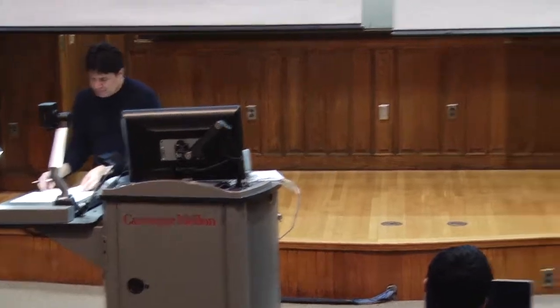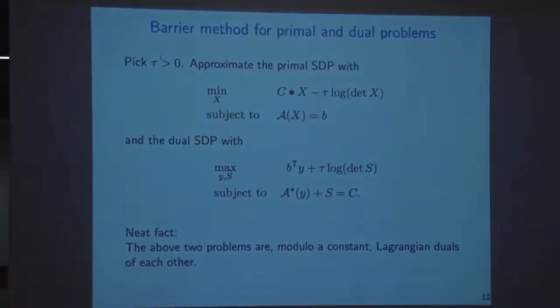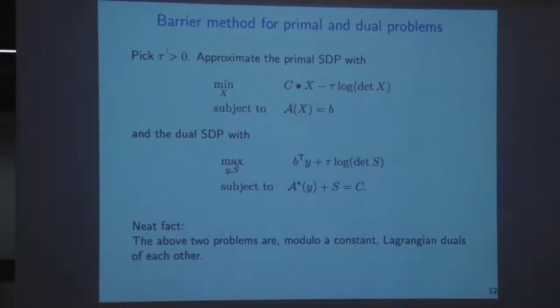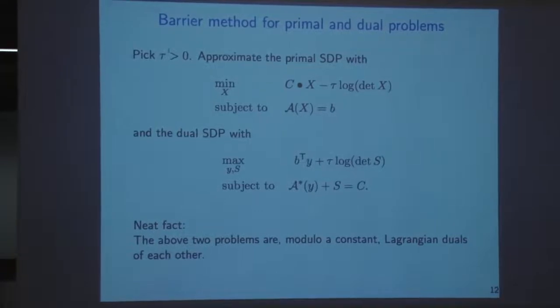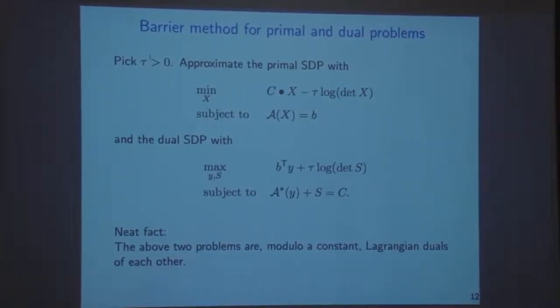Okay? So if you were to do something like the barrier method for semi-definite programming, what would you do? So if you are going to do, say, barrier for the primal SDP, here we have our primal SDP, right?